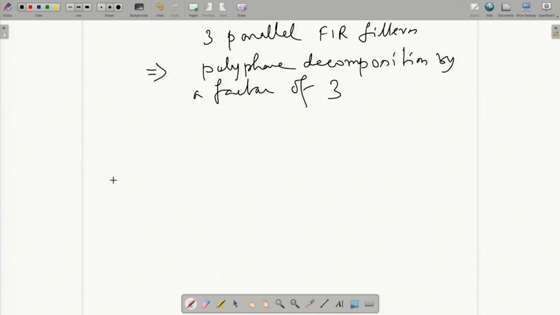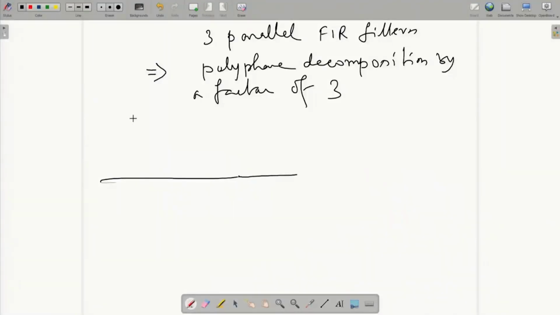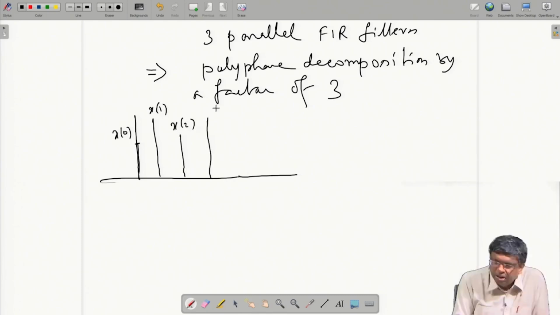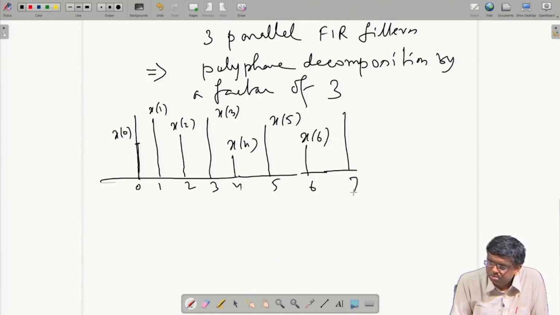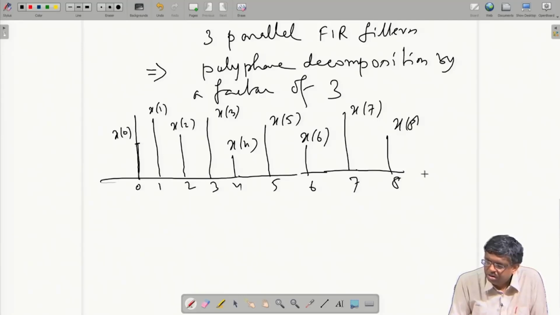Suppose we have a sequence like this: x of 0, then x of 1, x of 2, x of 3, x of 4, that is 0, 1, 2, 3, 4, x of 5, x of 8, dot dot dot.